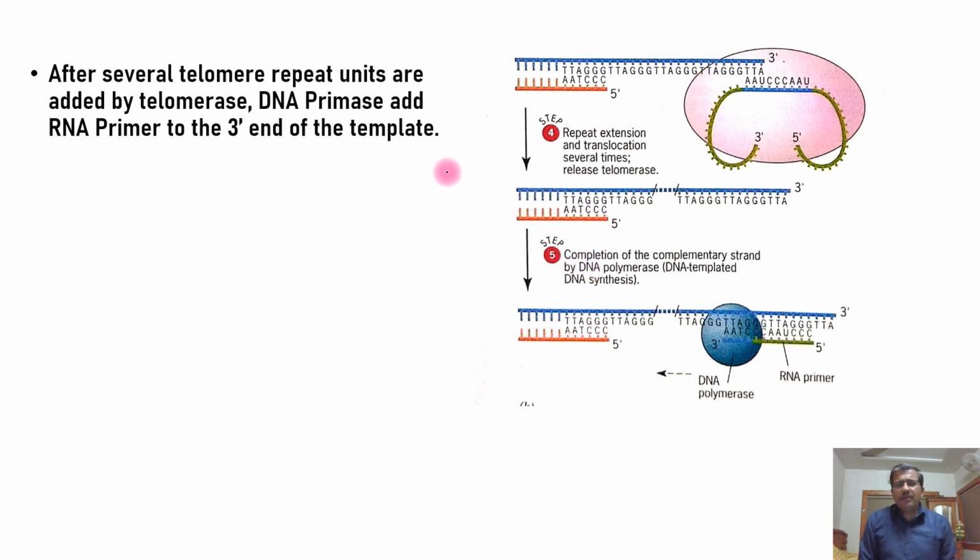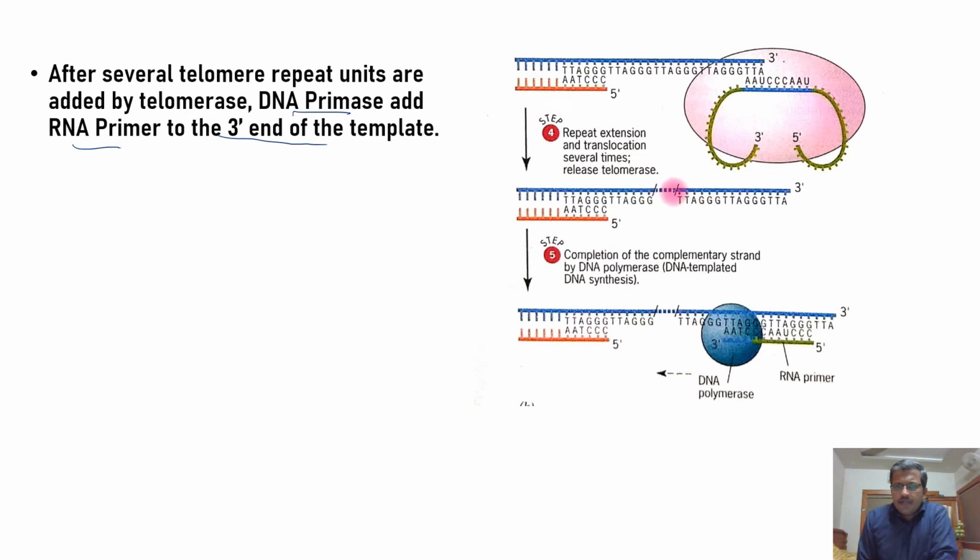After several telomere repeat units are added by telomerase, the DNA primase adds an RNA primer to the 3' end of the template. So now you can find here it will be extending like this, and as a result you have a large number of repeats of this 3' overhang.